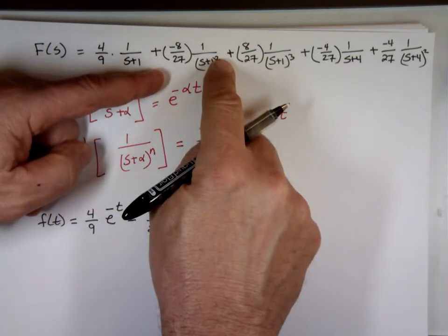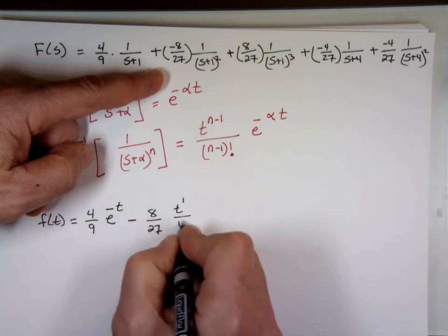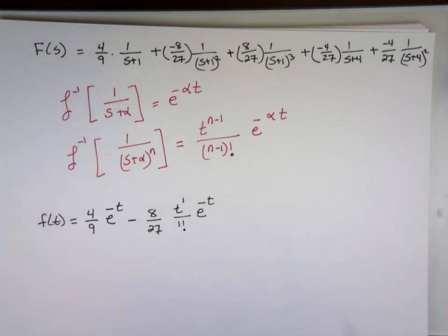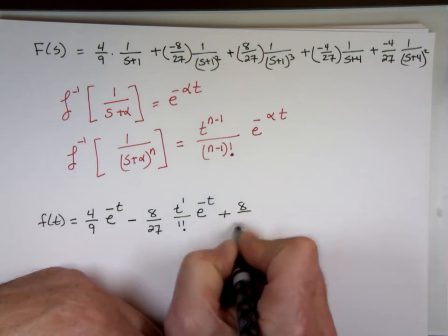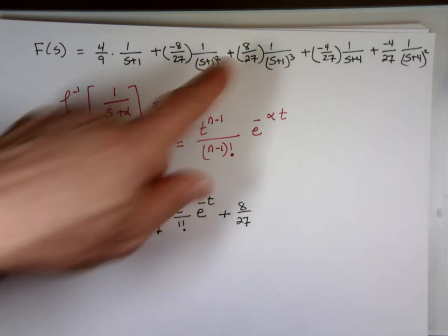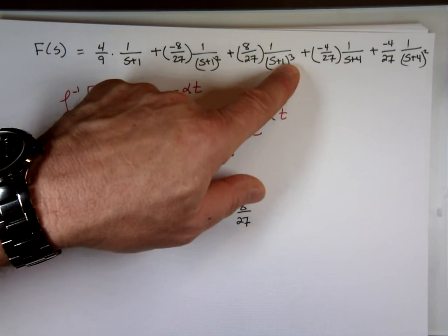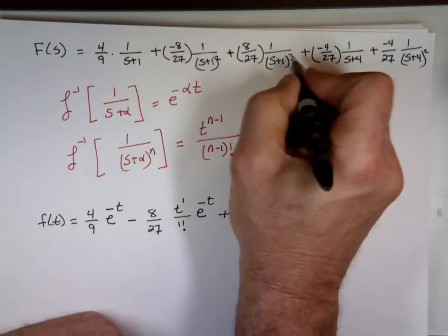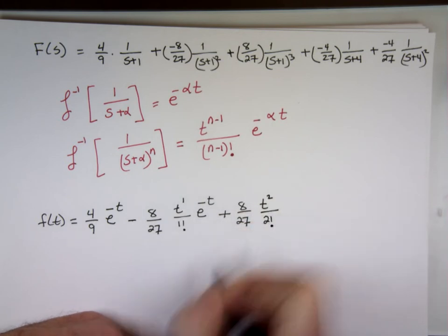So t to the power of 2 minus 1, which is 1 over 1 factorial, e to the power of negative t. We'll come back and clean it. Plus 8 over 27. That's this one. n is 3 there, the power? So it's going to be t to the power 3 minus 1, which is 2 over 2 factorial, e to the minus t.